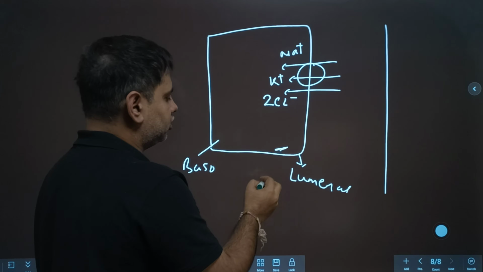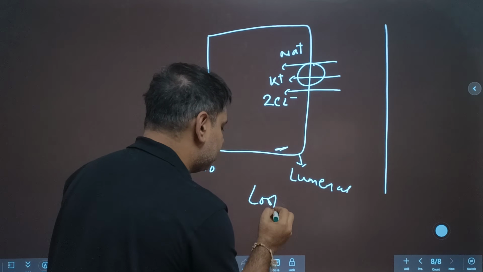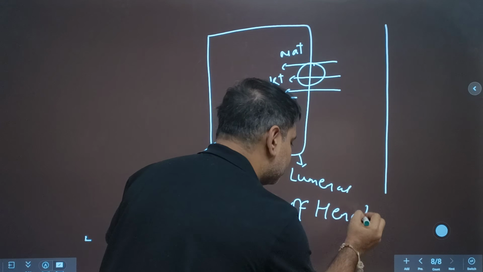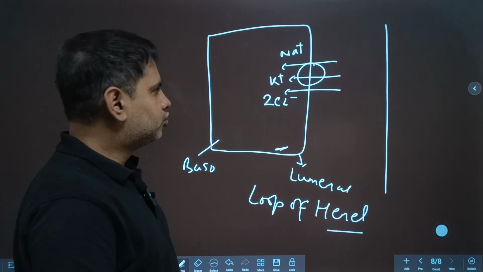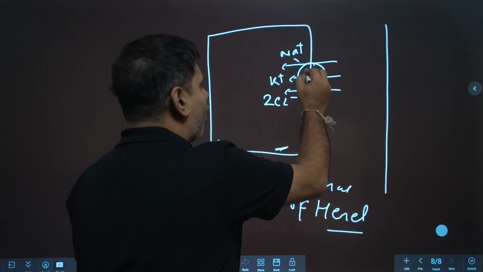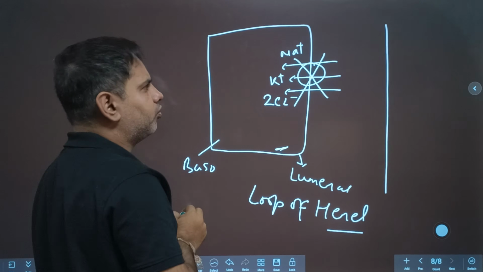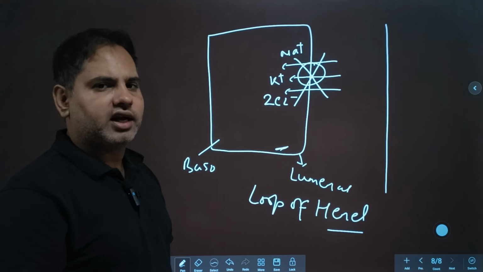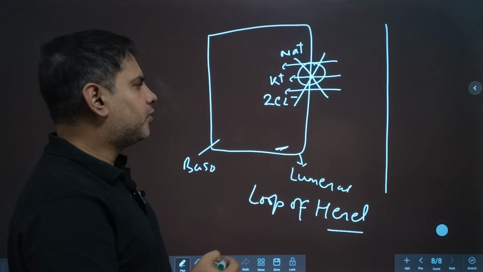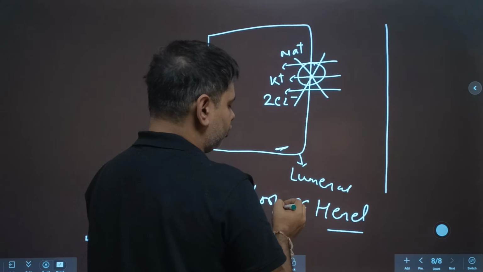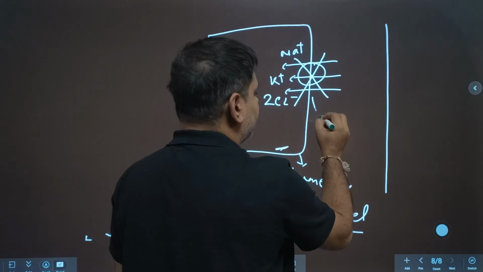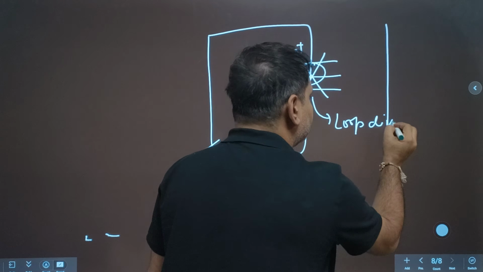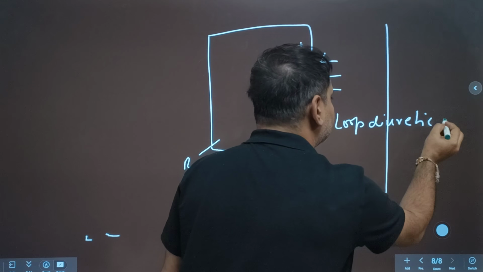So these are the ion channels on your loop of Henle. Drugs which block these channels, the movement of sodium, potassium and 2 chloride, are diuretics, and these drugs we call loop diuretics. Why loop diuretics? Because they are acting on the loop of Henle.